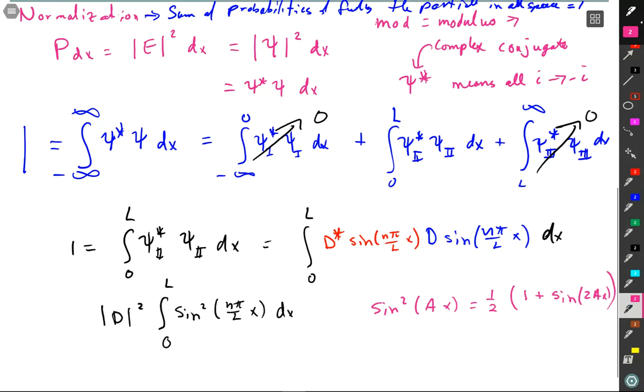It's got to be cosine, and it's got to be minus, because sine squared of 0 is 0, and I need it at x equals 0 to be 0. That's where I said 1 minus cosine of 2ax.